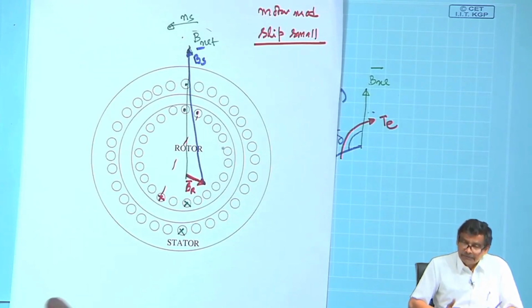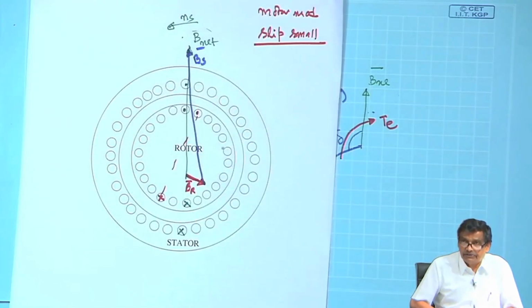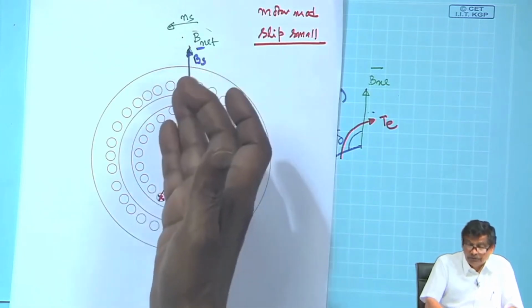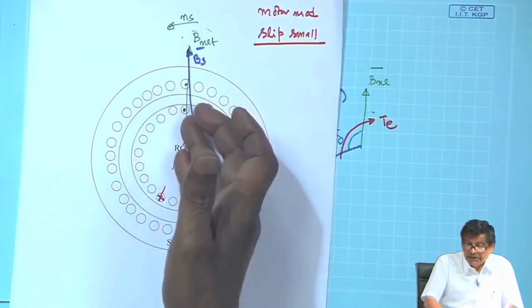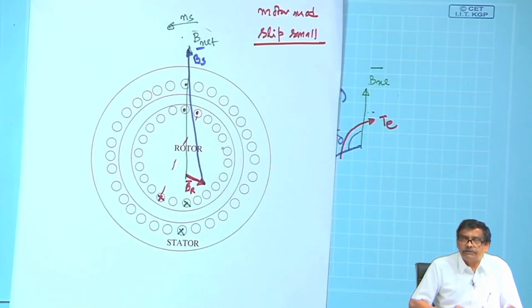For net field, whatever is the induced voltage, in one stroke I can get, because all B are sinusoidally distributed, that is what we have assumed, only the fundamental component of the MMF we are considering. Therefore, they will have sinusoidal induced voltage, flux per pole will be 4 pi P B net L R, resultant flux per pole. Then use that famous formula root 2 pi f etcetera to get the induced voltage.